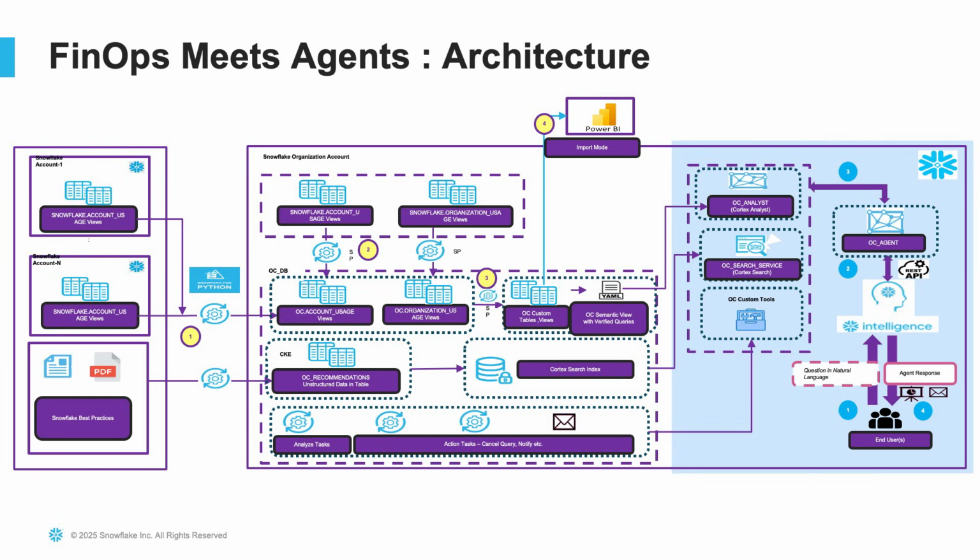From left to right, as we can see, the account usage data from multiple Snowflake views is extracted using a Snowpark script and consolidated inside a separate database, OCDB, in the org account. Next, the data from both organization usage and account usage views from the org account is loaded into the OCDB.